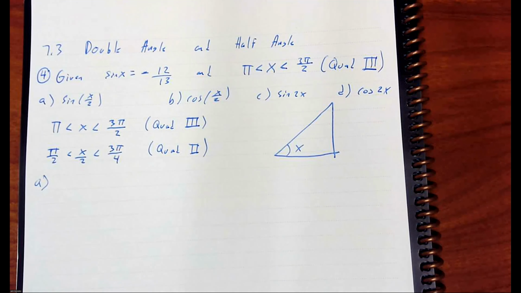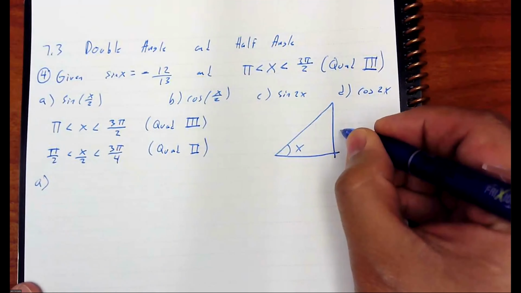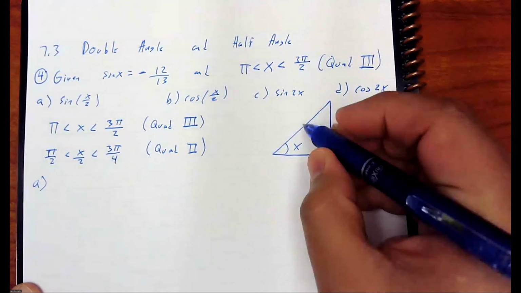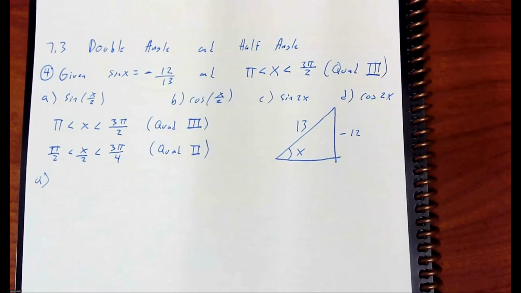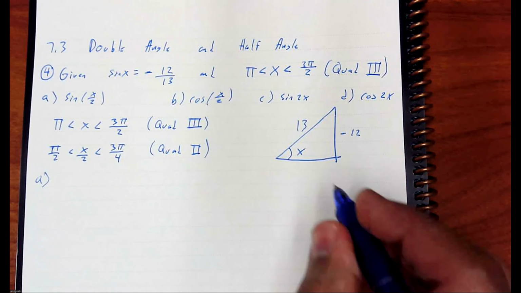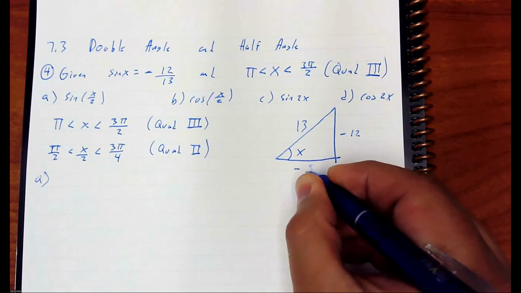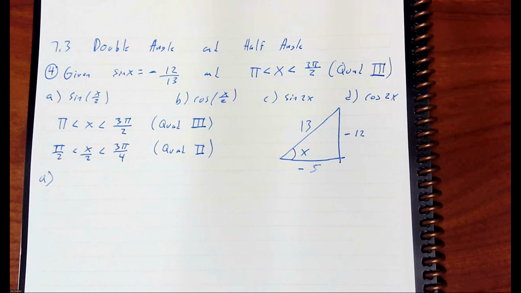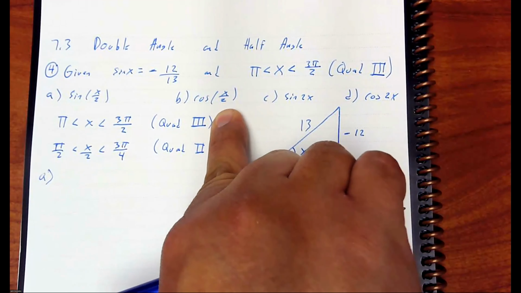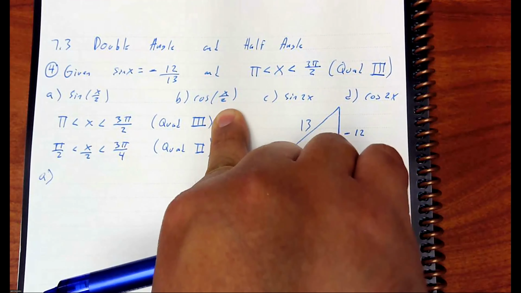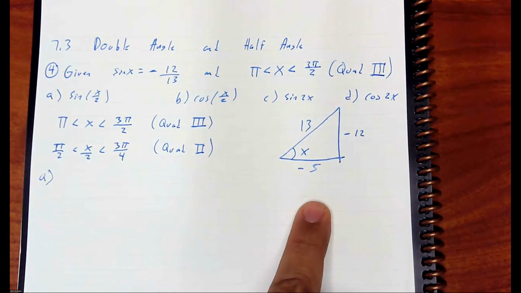So build a triangle using this right here. This is one of the magic triangles. So when you try to find the missing side, it's going to end up being plus or minus 5. You're going to choose negative 5 because x is in quadrant 3. Okay. Is that clear or no?